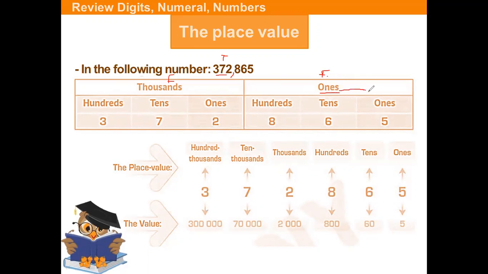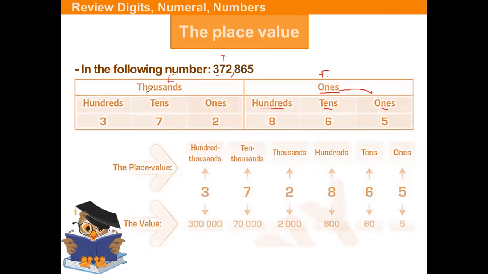For the ones family, the first number is called the ones, and we have tens and hundreds. So in each family, we have 3 sons. The first one will have the same name as the family, and the rest of the place values will be tens and hundreds.